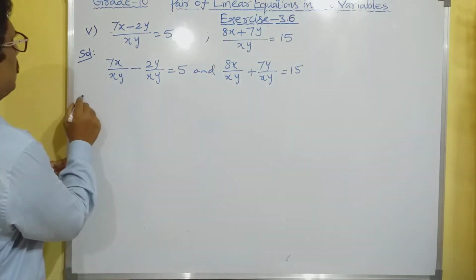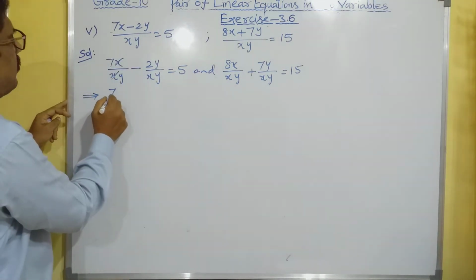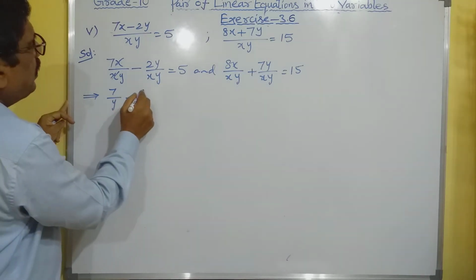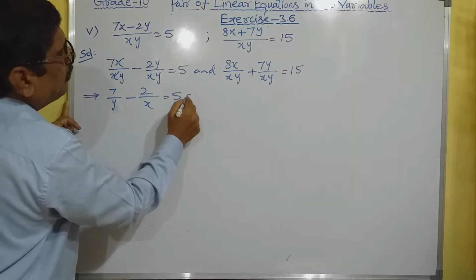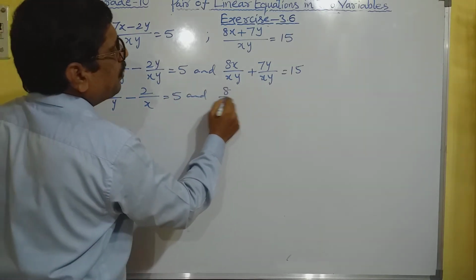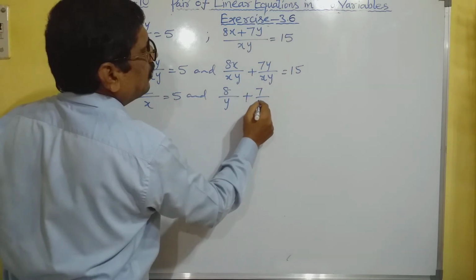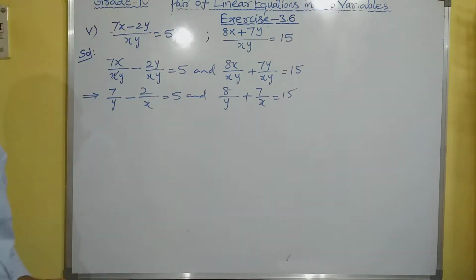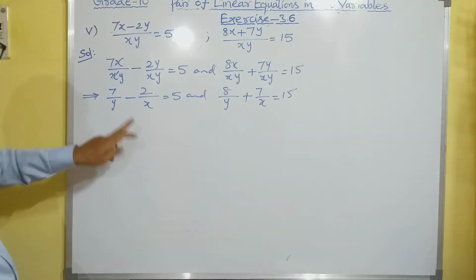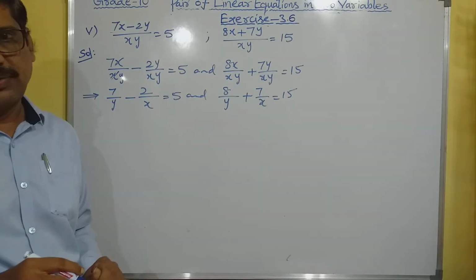Okay, now this implies 7x by xy, x can be cancelled, then we get 7 by y minus, here y will be cancelled, 2 by x is equal to 5 and 8 by y, here x will be cancelled, here y will be cancelled, we get 7 by x is equal to 15. Okay, now you look at this. Here there are variables only in the denominator, y and x.